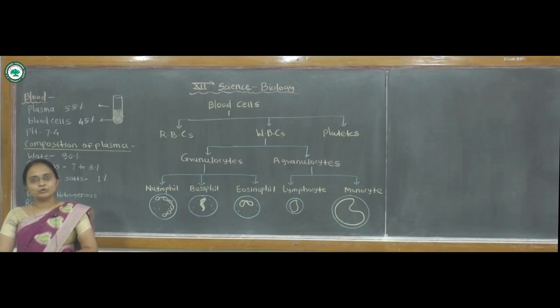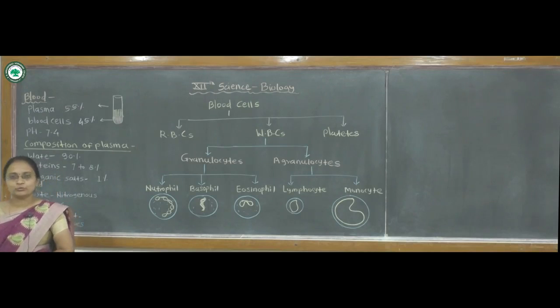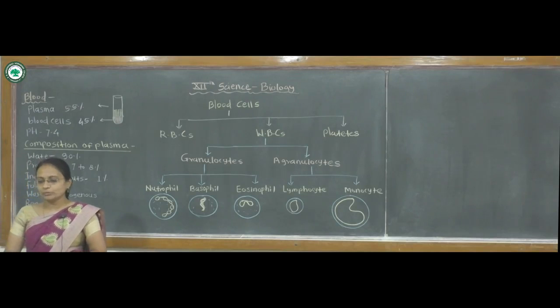These cells are produced in red bone marrow. They are very small oval shaped cells without a nucleus. The normal count of platelets in humans is 2.5 to 4.5 lakh per cubic mm.